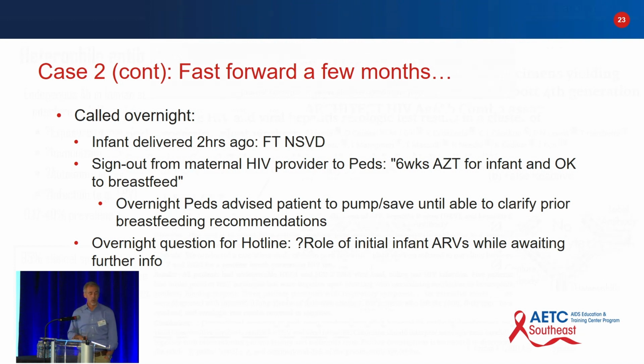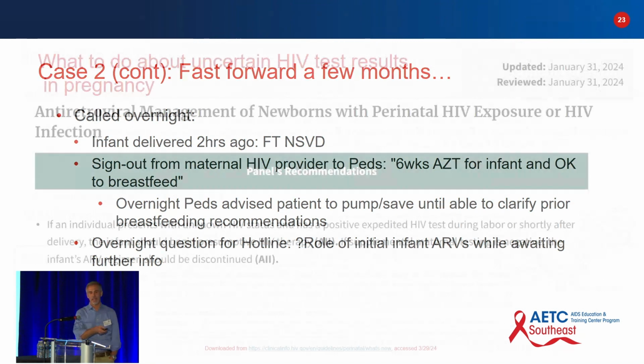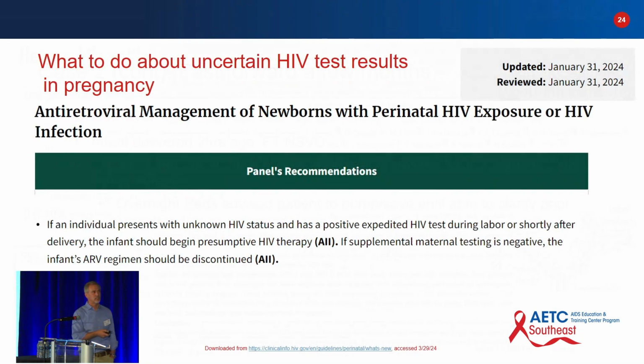They were calling us because they wanted to know what is the role of ARV prophylaxis for this infant while awaiting further clarifying information. So I'm going to take a small detour and show you what the current DHHS guidelines recommend when the HIV status of the mother is uncertain based on limited testing at the time of labor and delivery.